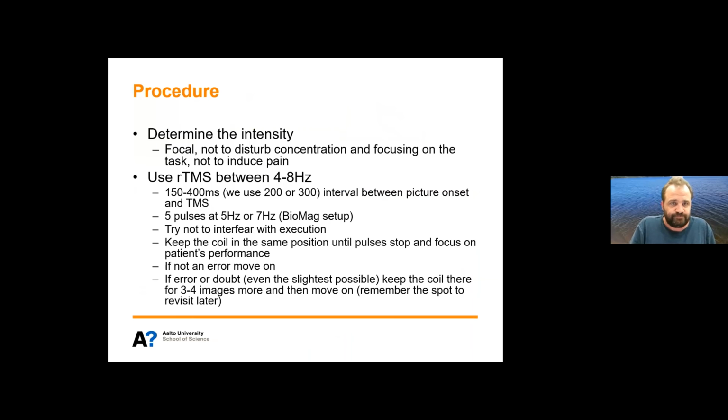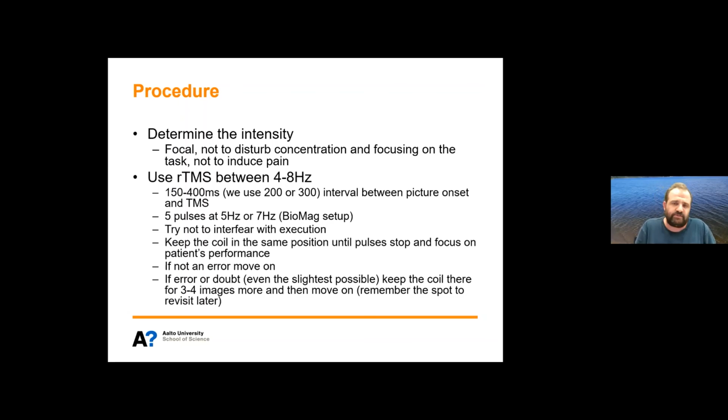So the procedure I will show in the video requires finding an intensity which is comfortable and also that it can reach the brain. And then we use repetitive TMS of 5 pulses at usually 5 Hertz.